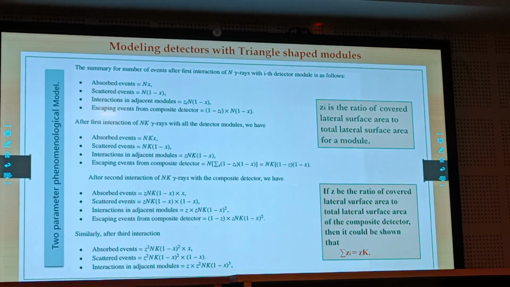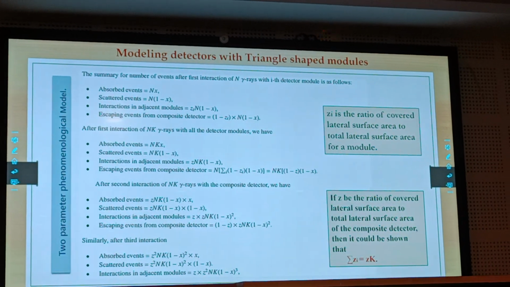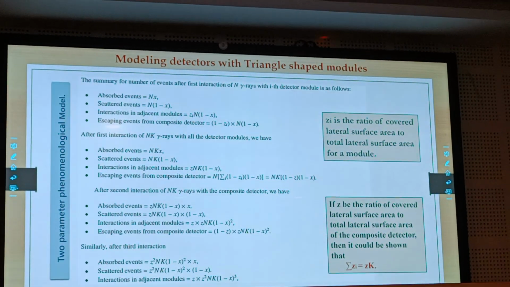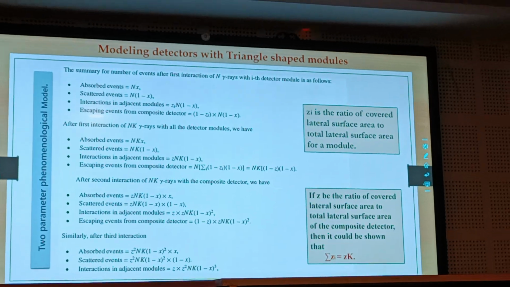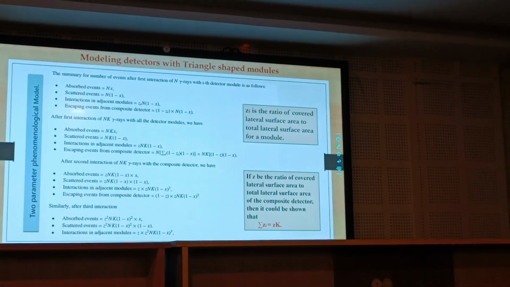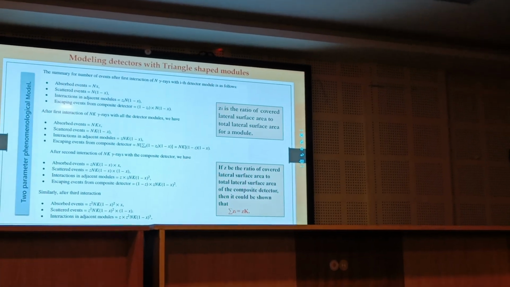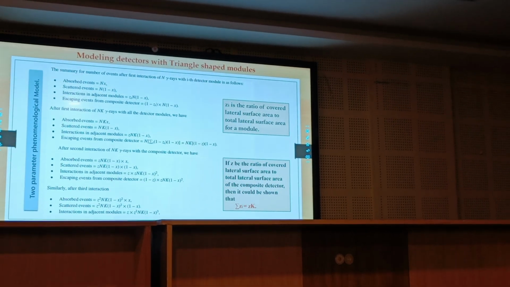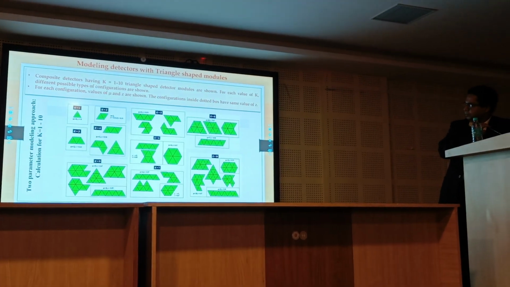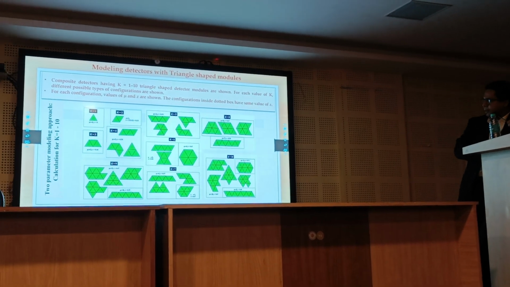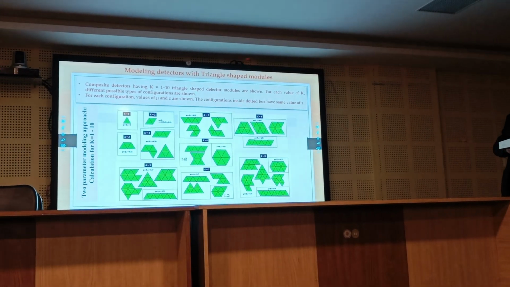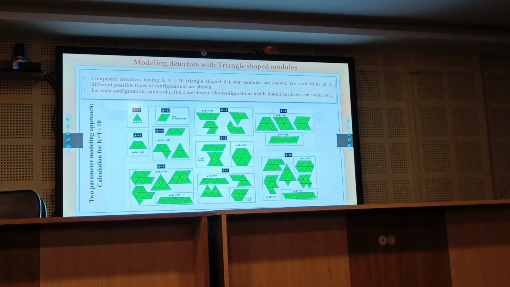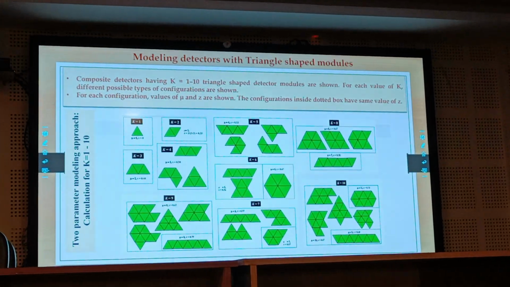In this way we developed a probabilistic method with two parameters, one is x, another is z, and the first, second, third, fourth interaction calculations have been performed using this two parameter model. And here we see different combinations of detector modules, smaller to larger shapes.